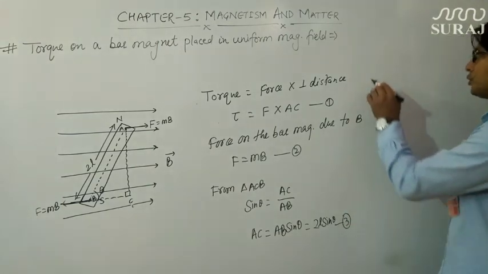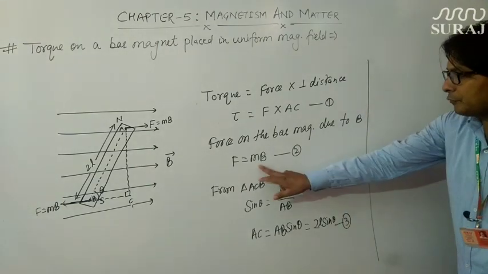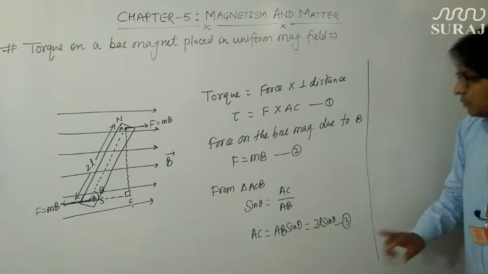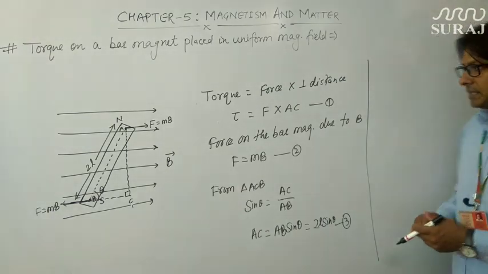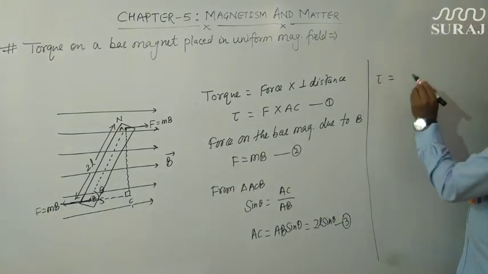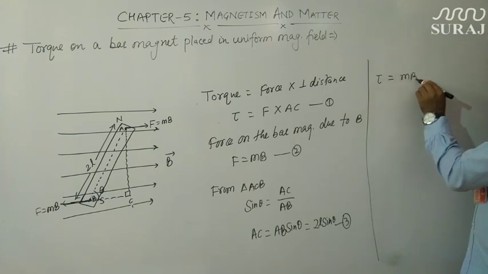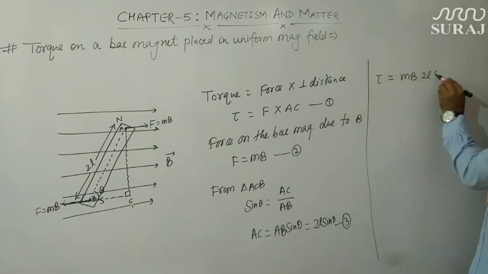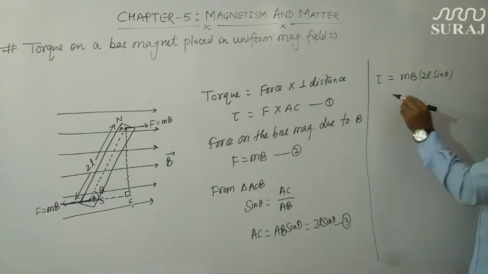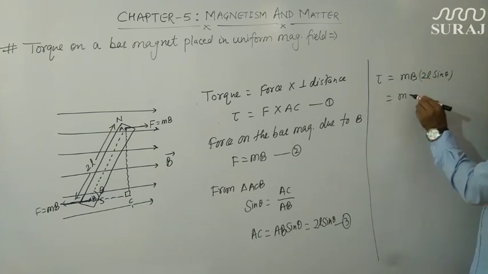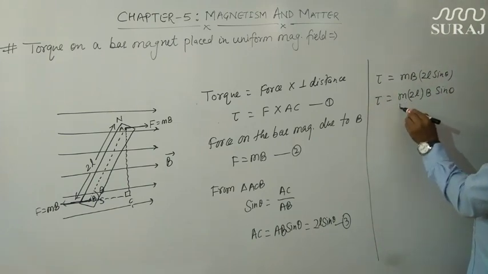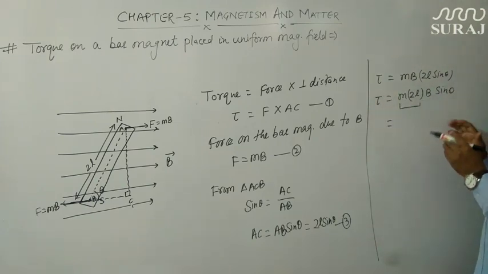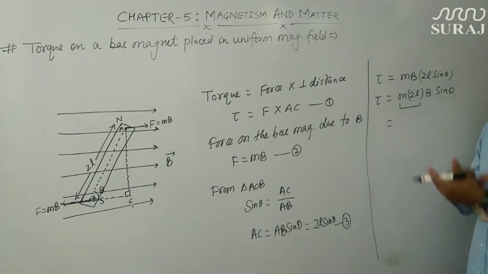Now what we are going to do, we will put the value of F from this equation and AC from this equation into equation first to calculate the torque experienced by the bar magnet. So now torque can be written as force, that is M into B, and AC, that is 2L sine theta. If I write this M with 2L, this will become M into 2L B sine theta, and this M into 2L is nothing but the magnetic dipole moment of the bar magnet.